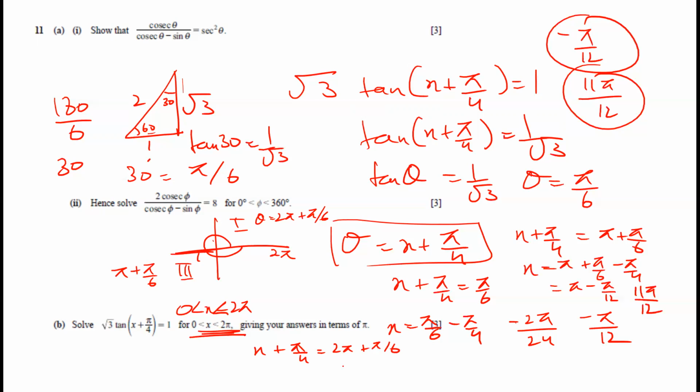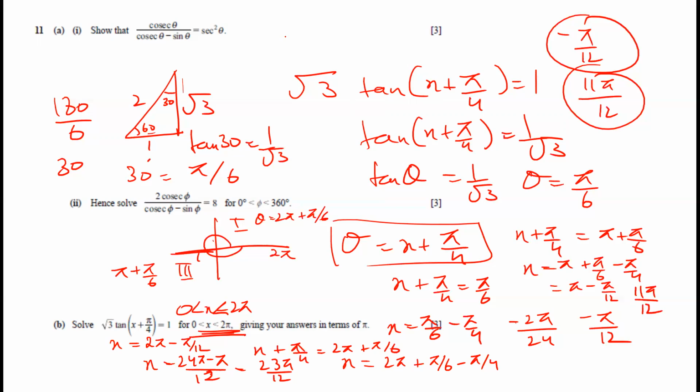But we need to check. x equals 2 pi plus pi by 6 minus pi by 4, which would be x equals 2 pi minus pi by 12. So this would be x equals 24 pi minus pi, divided by 12. This would be equal to 23 pi by 12.